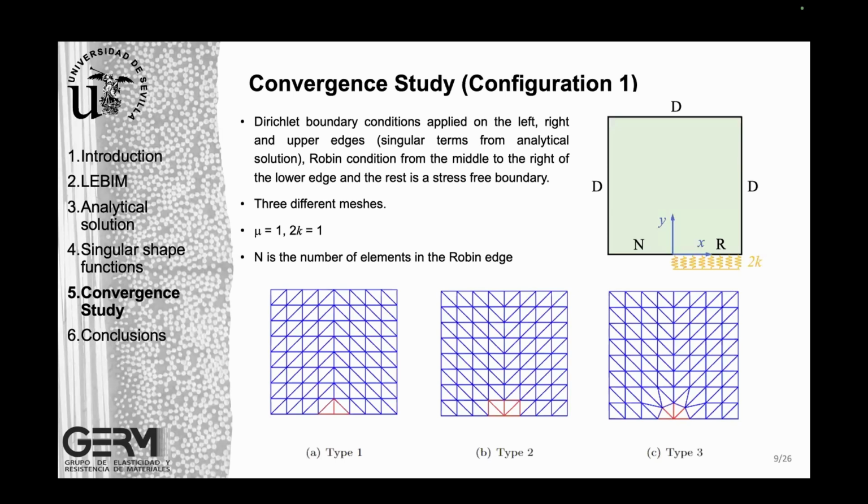As you see, all the elements that appear in the different configurations are classical linear elements, except those that are shown in red. Those are the ones that have the new shape functions. And also, we increase the number of elements. We made an edge refinement in order to avoid any other effect. And we increase the number of elements in this region.